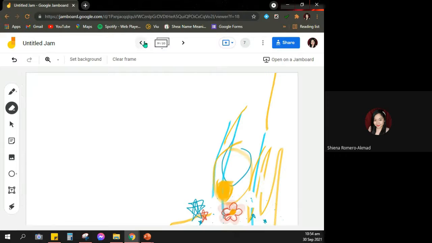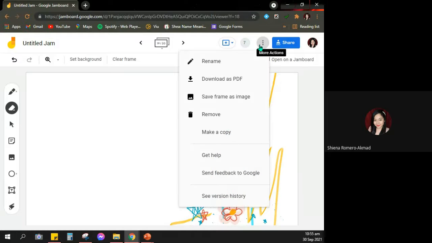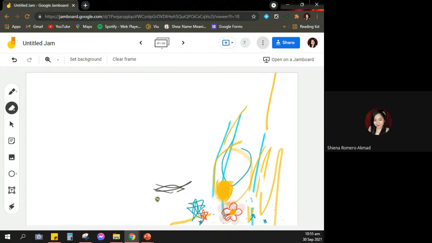May nag-drawing na. Napaka-angas naman talaga. Artistic ng section Aquino. No, kung sino ka man. Makikita ko naman kayo dito sa version history. Later ko titignan.